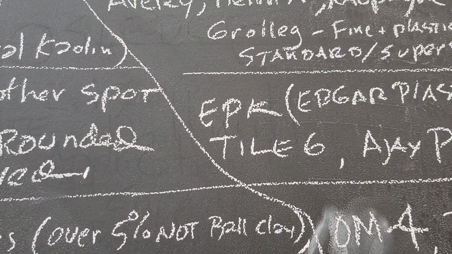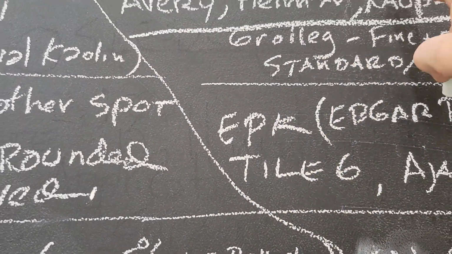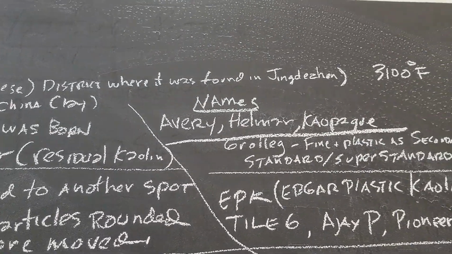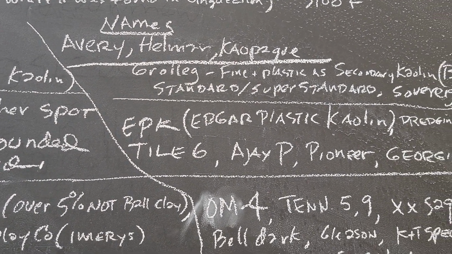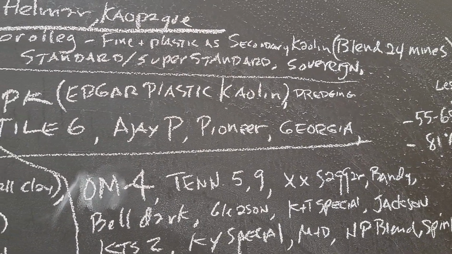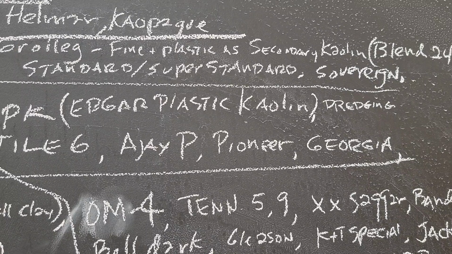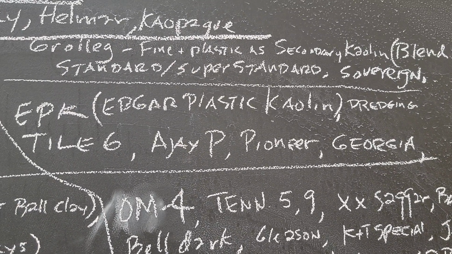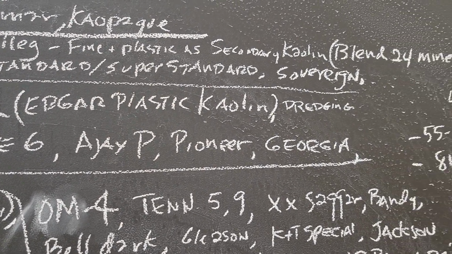I put that in the wrong spot. So let's make that line there. So these are our primary kaolins, and then secondary ones are going to be the Grolleg and EPK, and that is mined by dredging. They spray water and then put it into pools and then collect it in that way. Tile 6, Ajax, Pioneer.